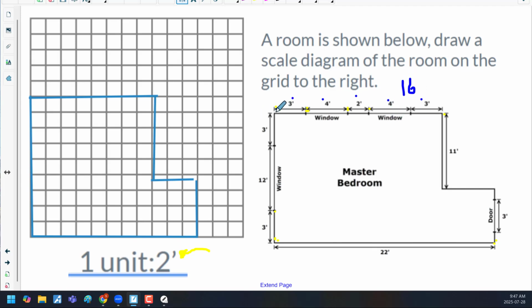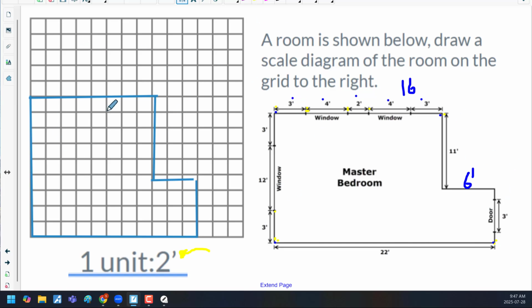We have 16 from here to here. We have 22 from here to here. So the difference, meaning subtraction, 22 minus 16 is 6. That means this has to be 6 feet. So there, that's how you figure that out. Hopefully that makes sense. Yeah. So now we have all the measurements.